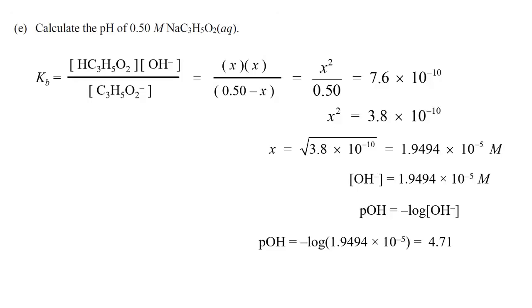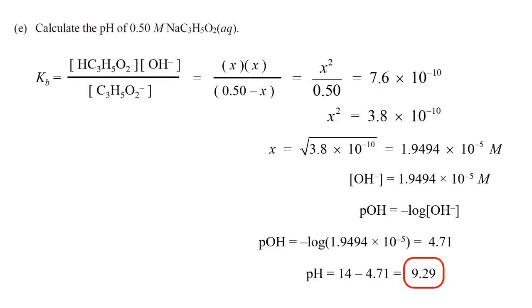Now, 4.71 is not the pH, but I'm only 1 step away from figuring out the pH, because if pH plus pOH is equal to 14, then 14 minus pOH is equal to pH. So 14 minus 4.71 gives me a value of 9.29.